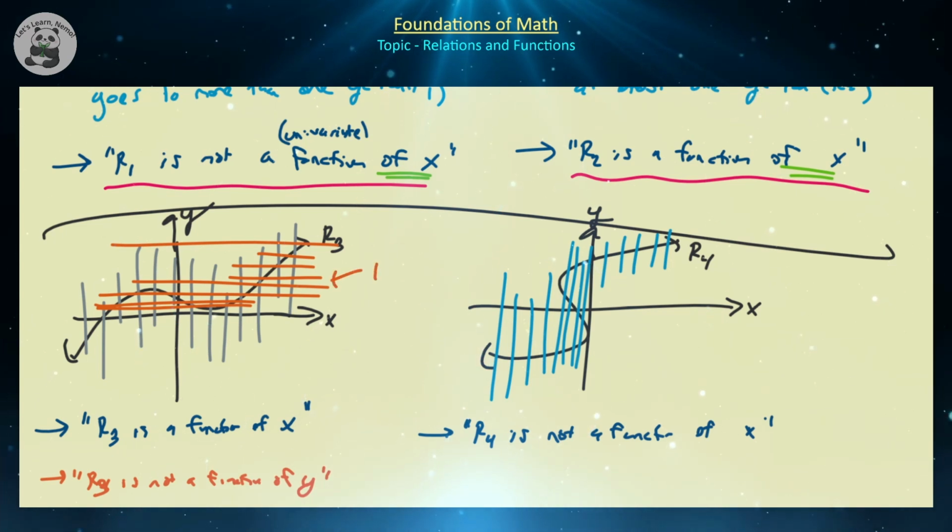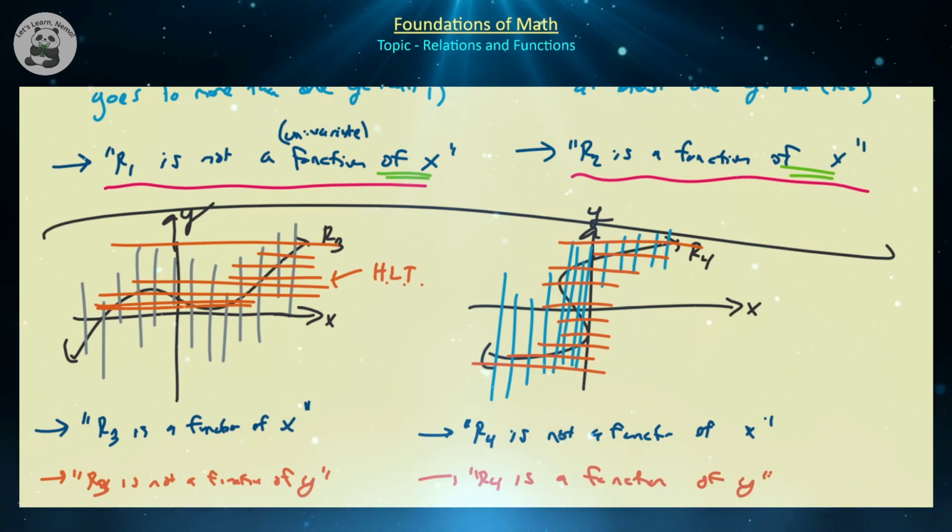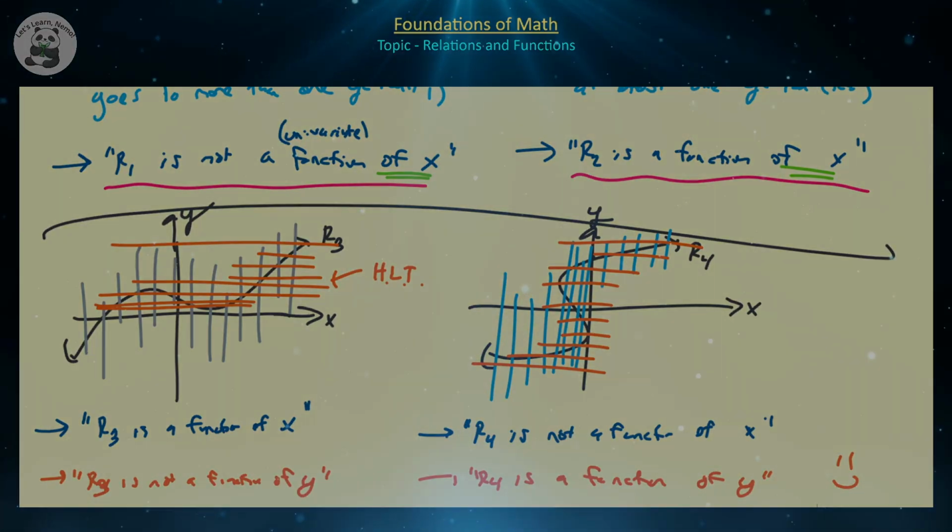Some people refer to this as the horizontal line test, or HLT for short. And if we draw horizontal lines for this relation, for example R4, notice that all of those horizontal lines cross at most once, so we see that R4 is a function of the variable y. And those are some of the basic definitions for functions of x's and functions of y's via both the set and the graph notations of the relation.